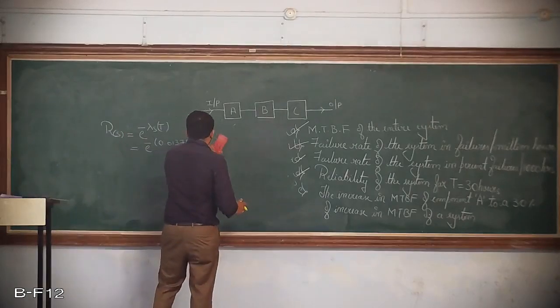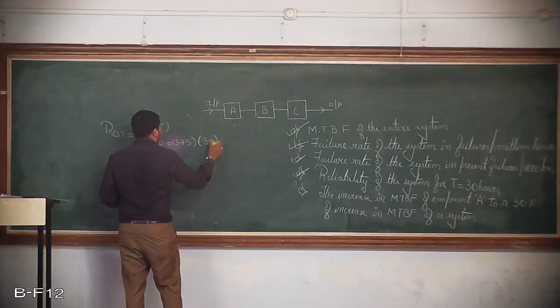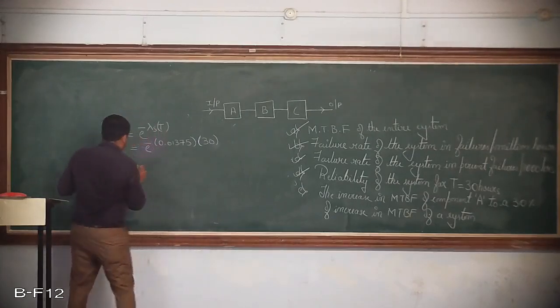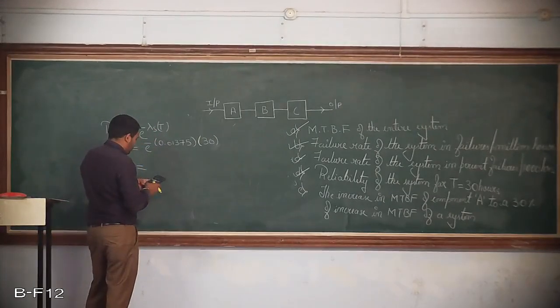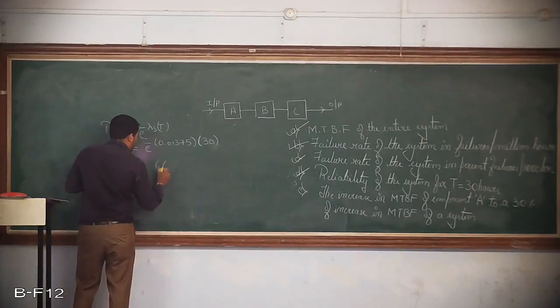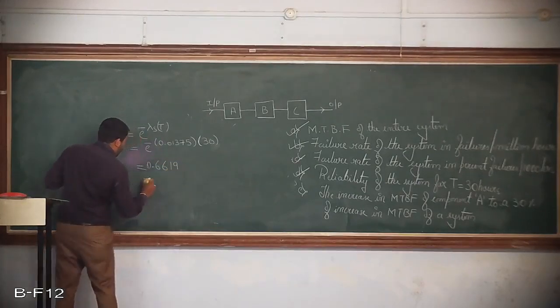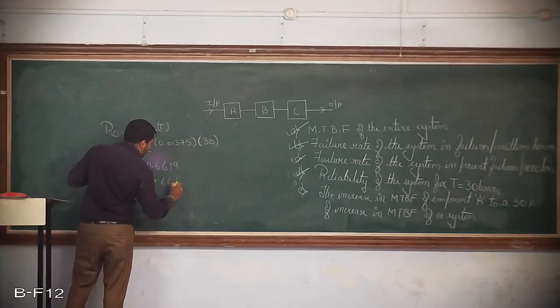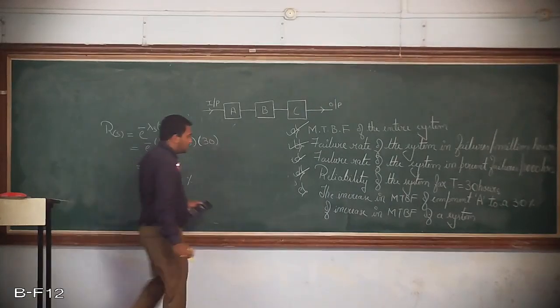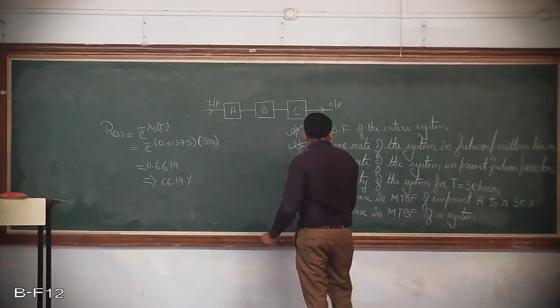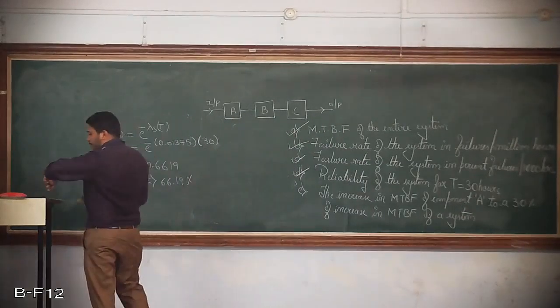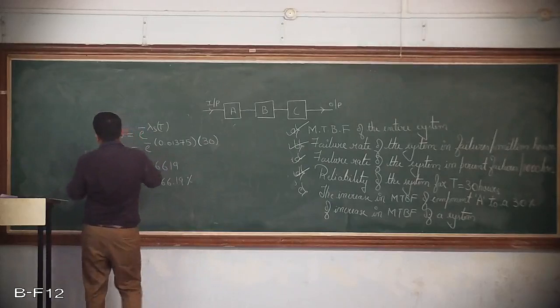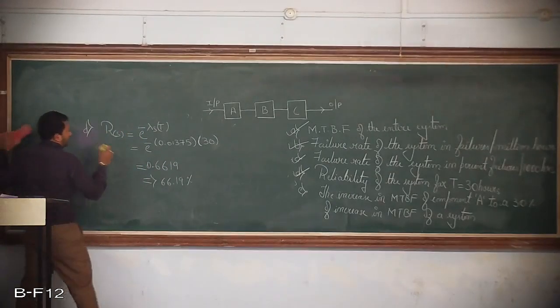It will come as 0.6619, which implies 66.19%. That is D.